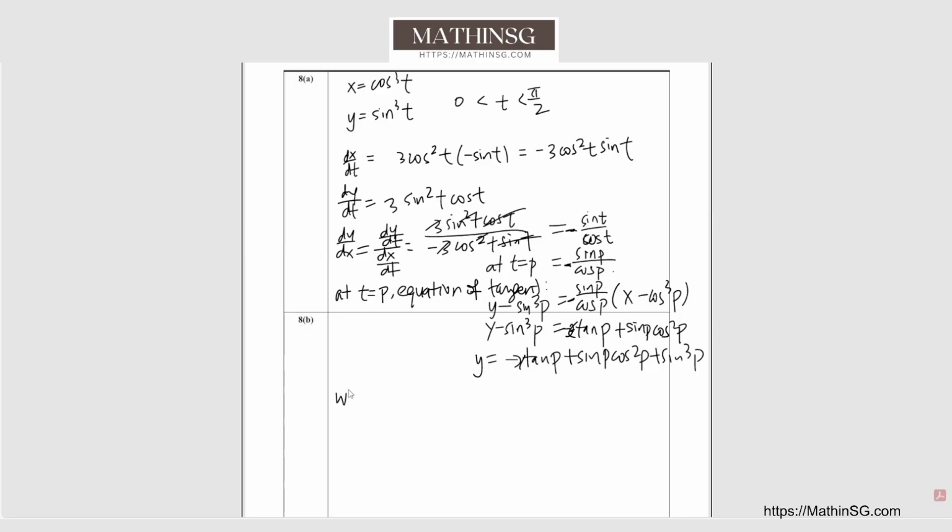So when y is 0, okay, or maybe let me do when x is 0 first. Okay, so I know that y equals sine p cos squared p plus sine cubed p, right?